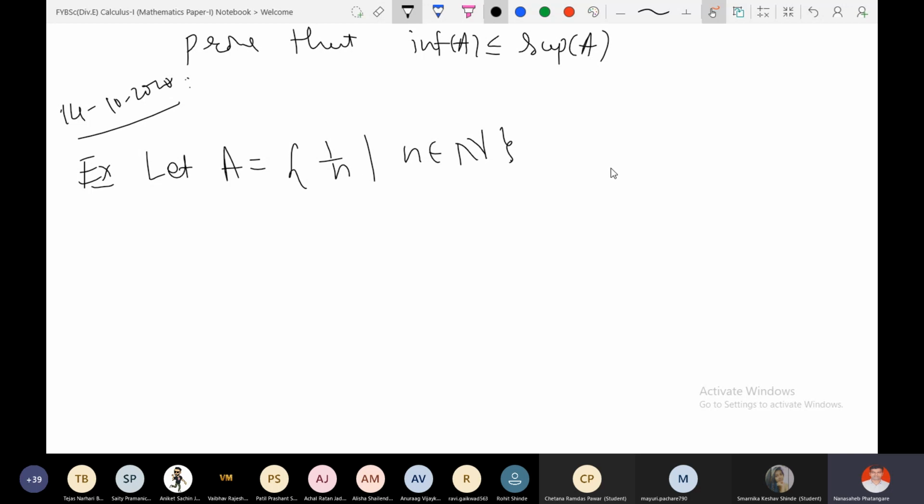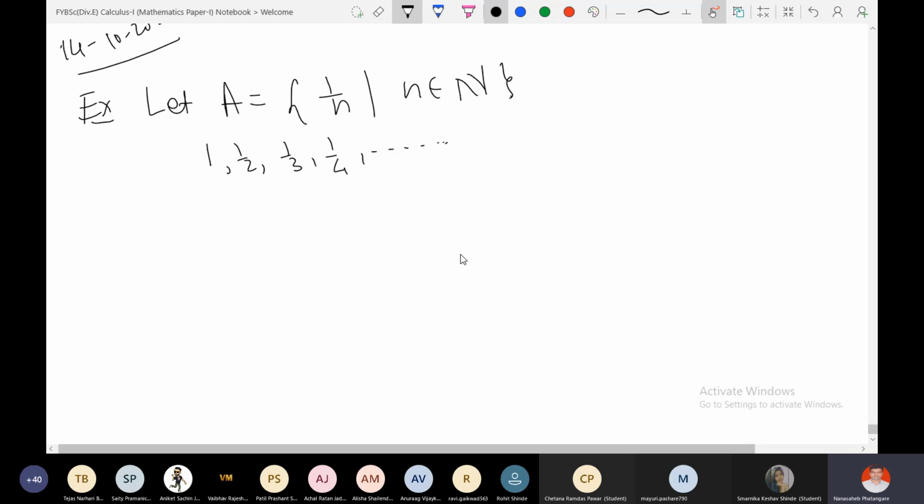Now what are the elements of this set? 1, 1 by 2, 1 by 3, 1 by 4, where n varies over the natural numbers, right? So these are the elements of this set, all such elements.